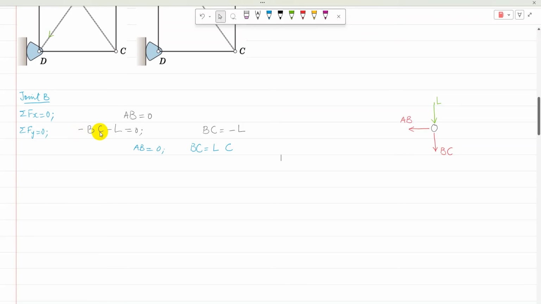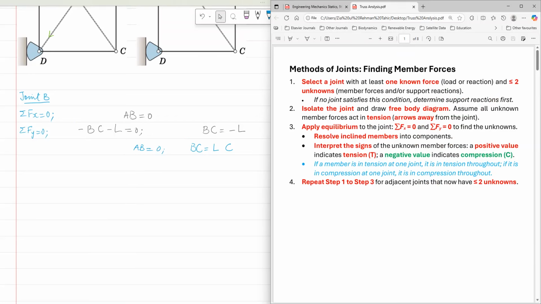So I can write minus BC minus L equal to 0, so BC is equal to minus L. Once member forces are computed, a positive value indicates tension and a negative value indicates compression. Because BC is negative, BC will be in compression, whereas AB is 0.